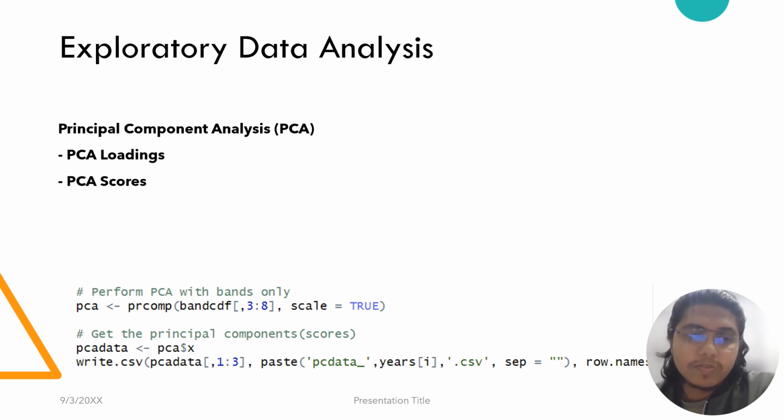We performed the PCA and took the scores out of that, and from our analysis we saw about 98% of the variance is covered by PC1, PC2 and PC3. So we took those for our later classification.